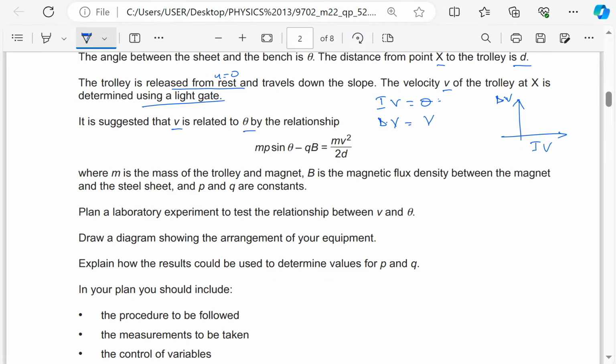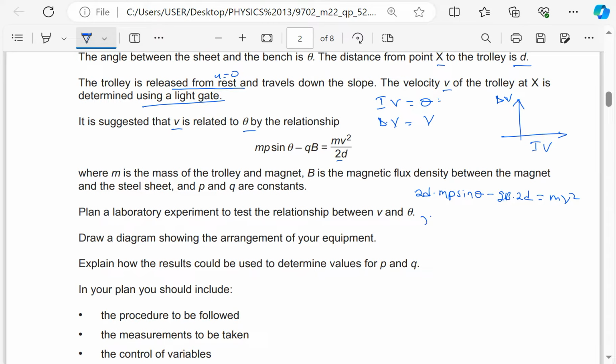So it means I'm going to take 2d to the left-hand side. So I'll have 2d times mp sine of theta minus qb times 2d should be equal to mv squared.